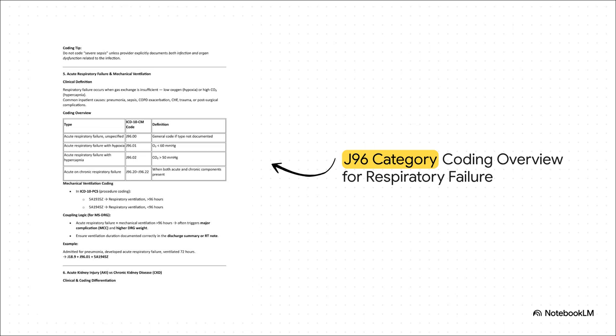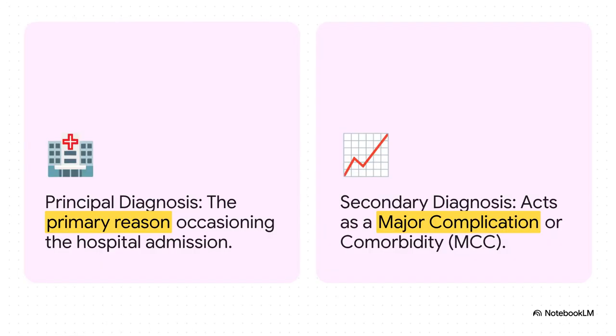You'd use J96.01 for hypoxia and J96.02 for hypercapnia. Now, what if the patient has an existing condition? Like, say they have COPD, and they suffer an acute exacerbation that leads to failure. In that case, you're going to look at the acute on chronic codes, which range from J96.20 all the way to J96.22.